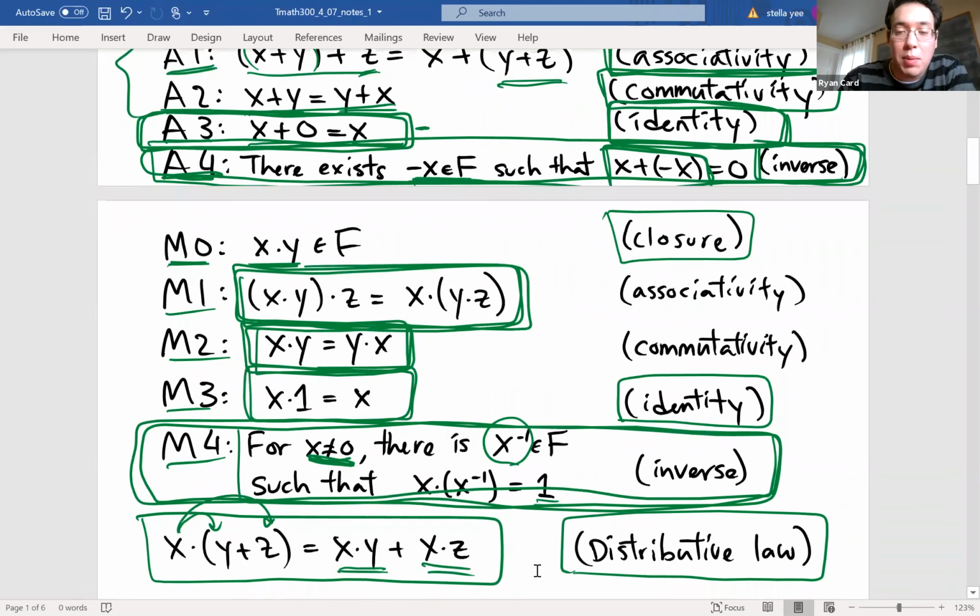Take the element 2, for example, which is not 0. You want the multiplicative inverse of 2, which is 1/2 in this case. It exists for rational numbers, but for natural numbers and integers, it does not exist. So this is where 2 of those sets will fail.